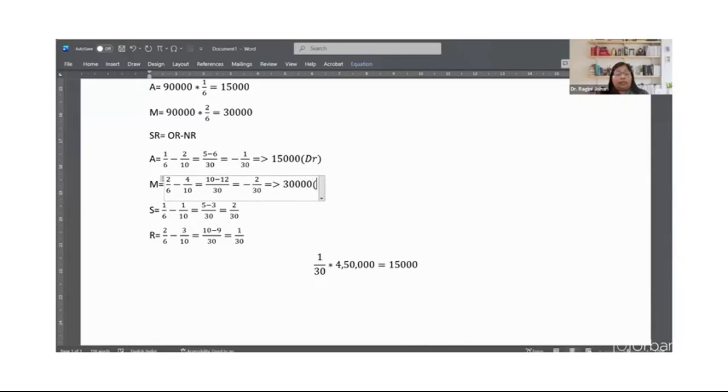Again, it's a gain, so the account will be debited. In this case, this is again 30,000 sacrificed, so the account will be credited. And here again it is 15,000 and the account will be credited.